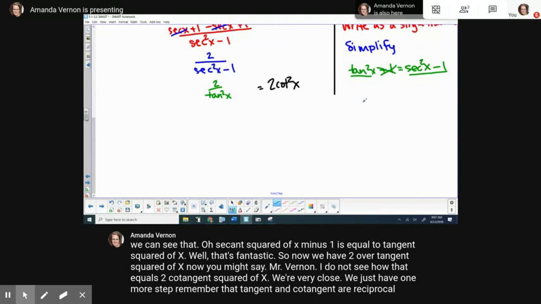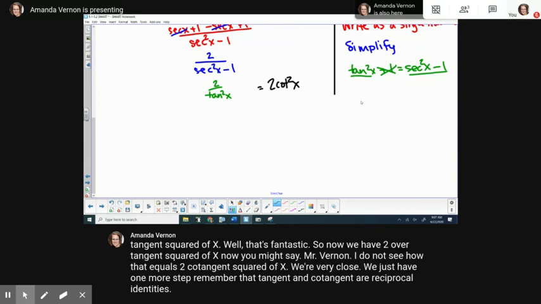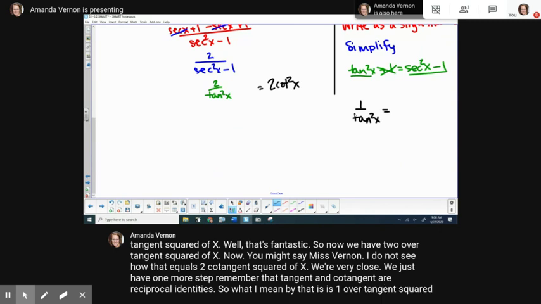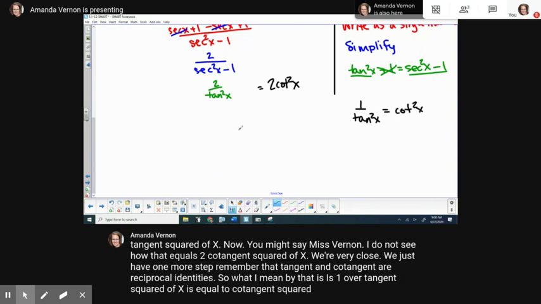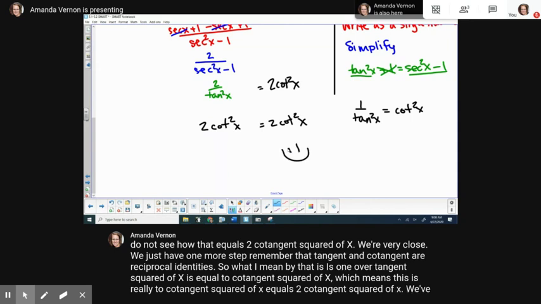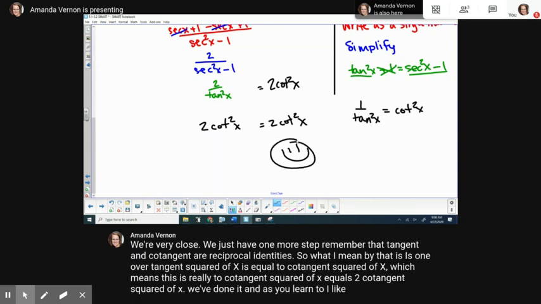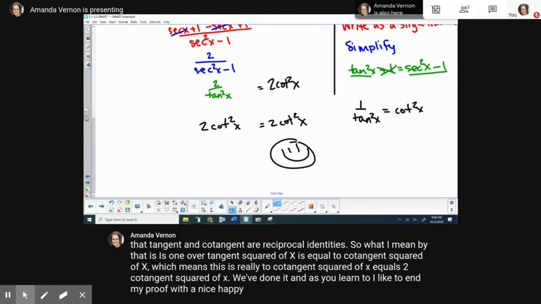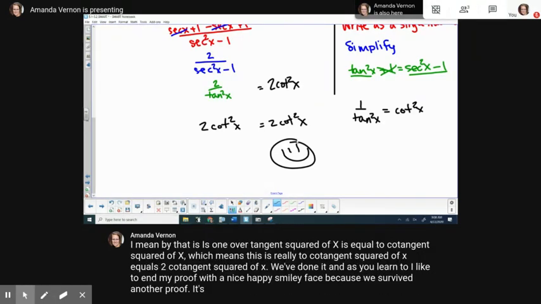So what I mean by that is 1 over tangent squared of x is equal to cotangent squared of x, which means this is really 2 cotangent squared of x equals 2 cotangent squared of x. We've done it. And as you learned, I like to end my proof with a nice happy smiley face because we survived another proof. It's very, very exciting when you can start figuring these out on your own.